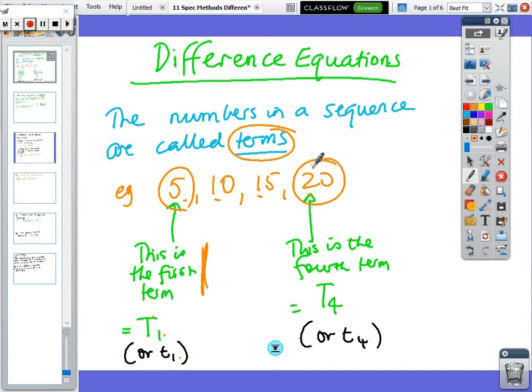This term over here, the number 20, this is the fourth term, 1, 2, 3, 4. So this is the fourth term, and in notation it's either capital T4 or T4 with a lowercase. But just to note that the 4 is a subscript. So it's not like x squared, it just means the fourth term. So copy that and come across.